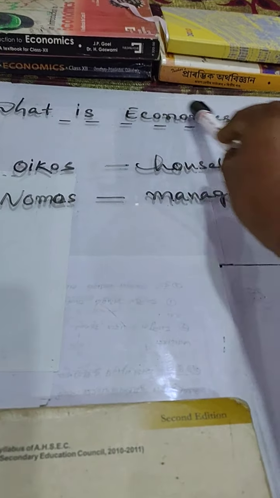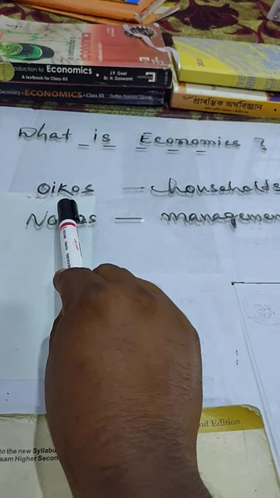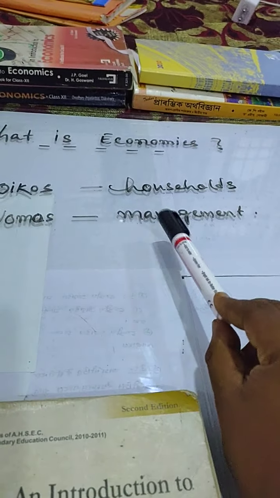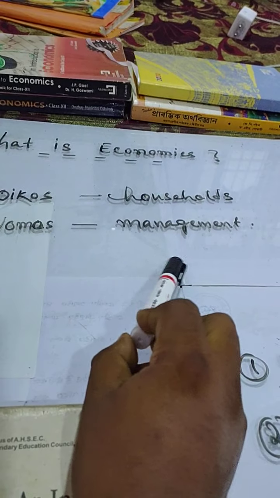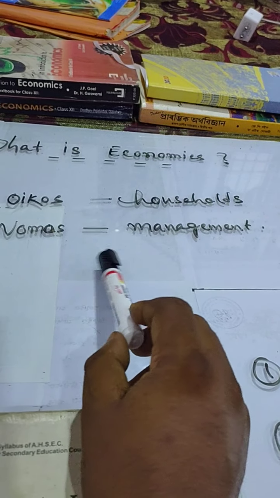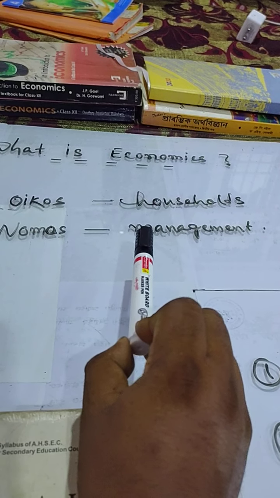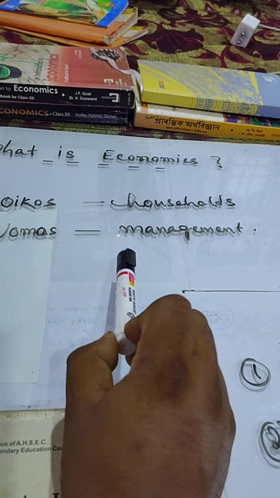Economics is the term which is derived from these two words, oikos and nomos. Oikos implies households and nomos implies management. Or in a sense we can say that economics is the management of a household.